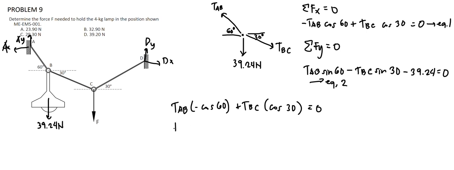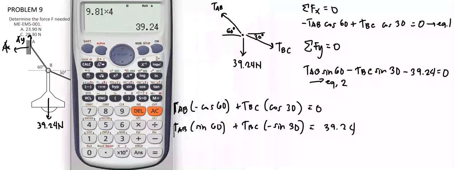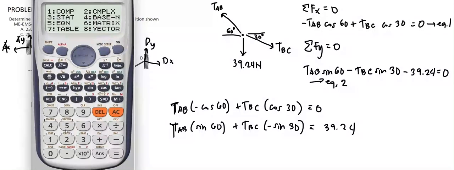And for our second equation, we have TAB times sine 60 degrees plus TBC times negative sine 30 degrees equal to 39.24. The reason why I arranged it this way is because you can input this directly in our calculator to solve two equations with two unknowns by going to mode 5.1.